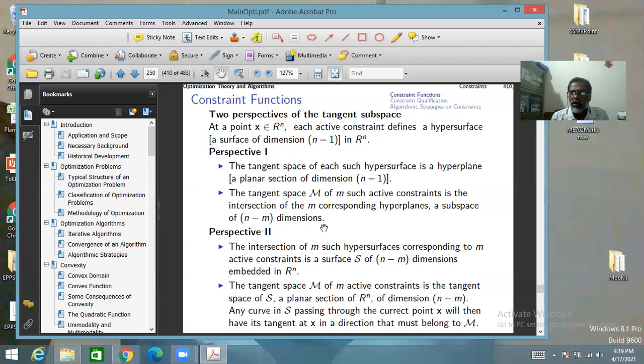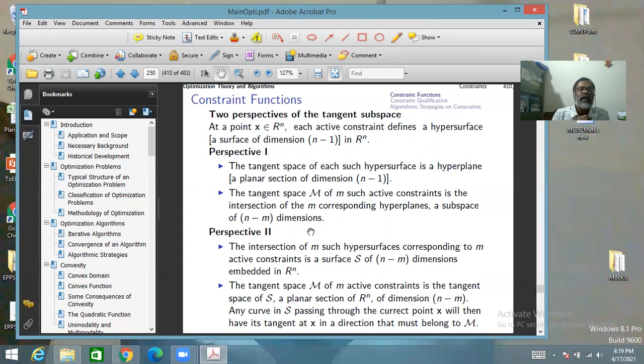Think how it will work out in 3D, because 3D is something which you can relate to very easily. So in three-dimensional space, one surface has a tangent plane. Another surface through the same point has its own tangent plane. So two such surfaces will have two tangent planes and they will cut through a line. So the line turns out to be the common tangent space of these two surfaces together.